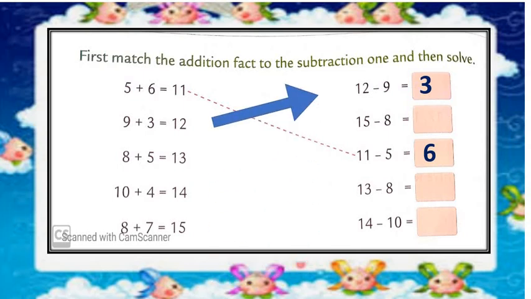Match the pair. 8 plus 5 is equal to 13. 13 minus 8 is equal to 5. Match the pair.